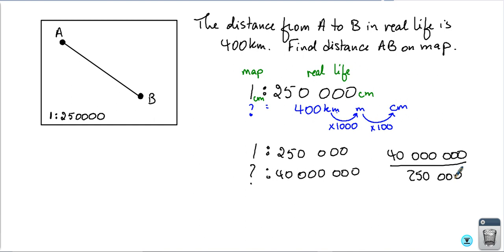So that is 160 centimeters. Okay, that's another example which we have seen. Okay, I'm going to work out another example.